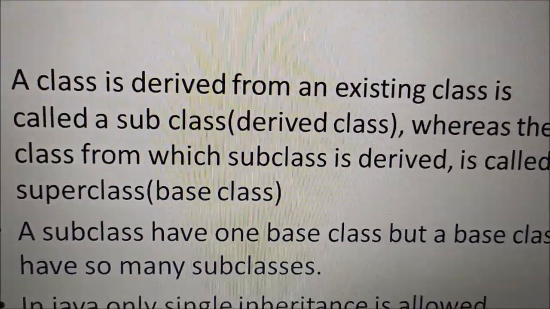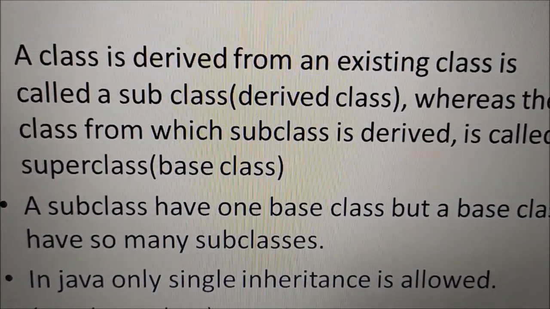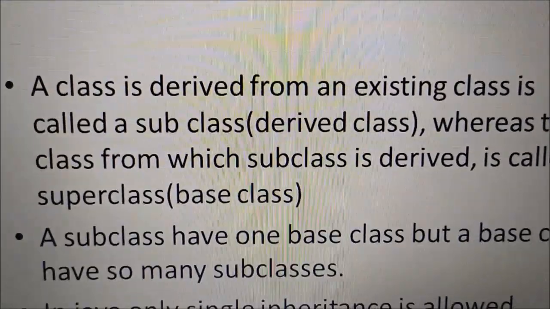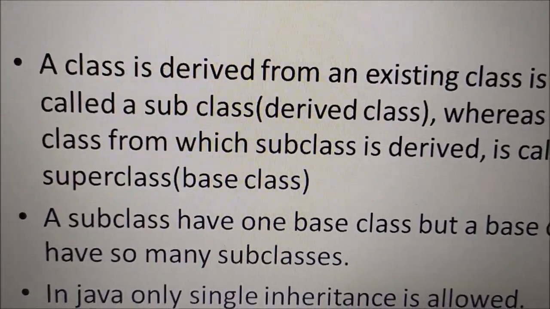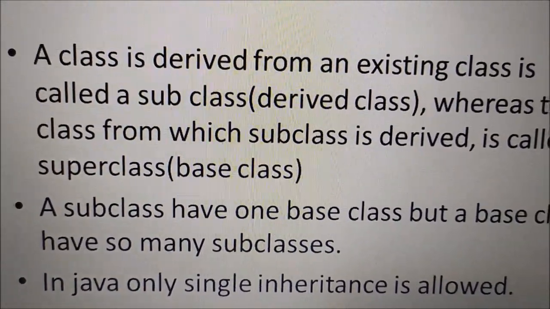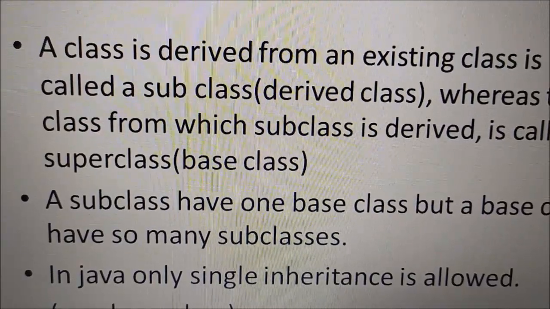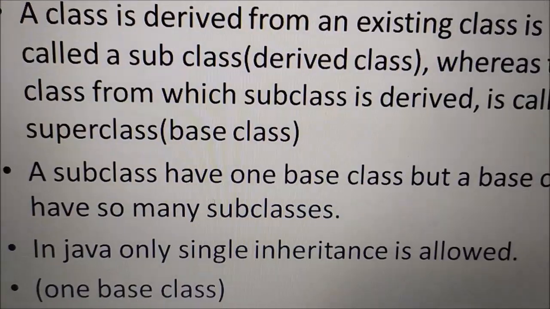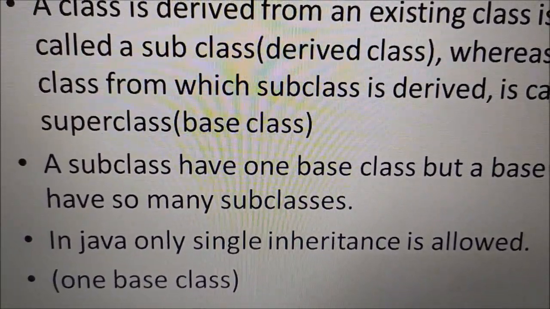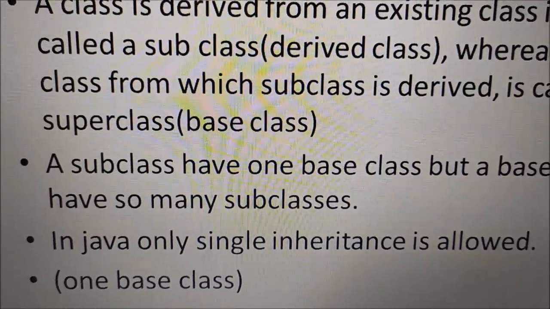So a subclass has one base, but the base class can have so many subclasses. Means one parent can have many children, but one child can have only one parent. So in Java, single inheritance is allowed. We don't go for multiple inheritance here. One base class, that is only one base class, and there can be so many derived classes.